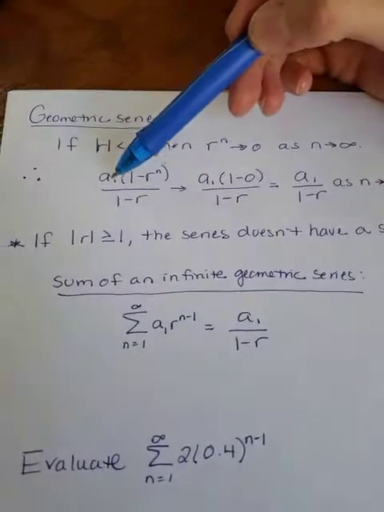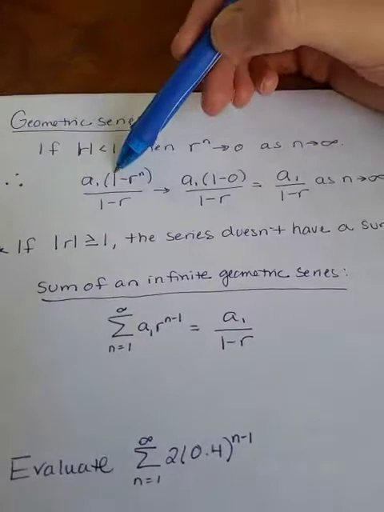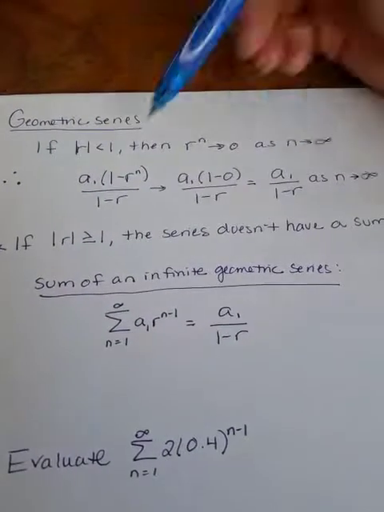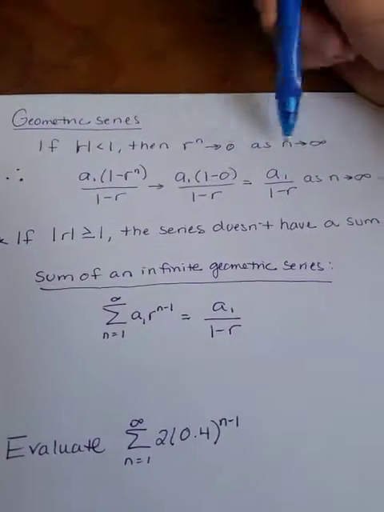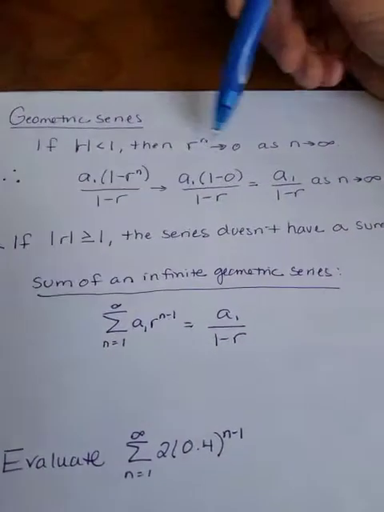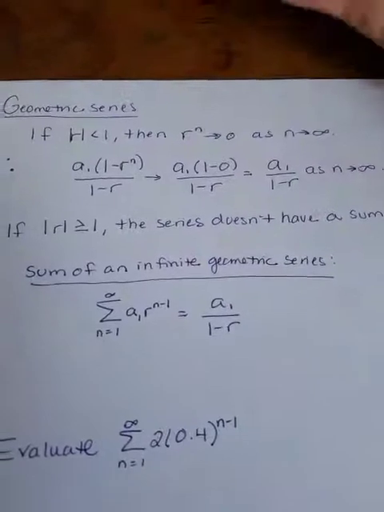Taking the equation we just used previously for our summation, we said that as n gets really big, r to the n is going to approach 0. Do you remember this notation that we used way back in the first couple weeks of the class? Don't worry, you don't have to write it in terms of limits.